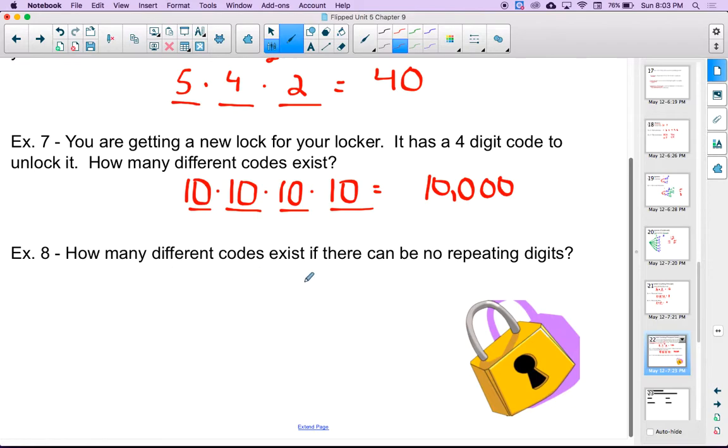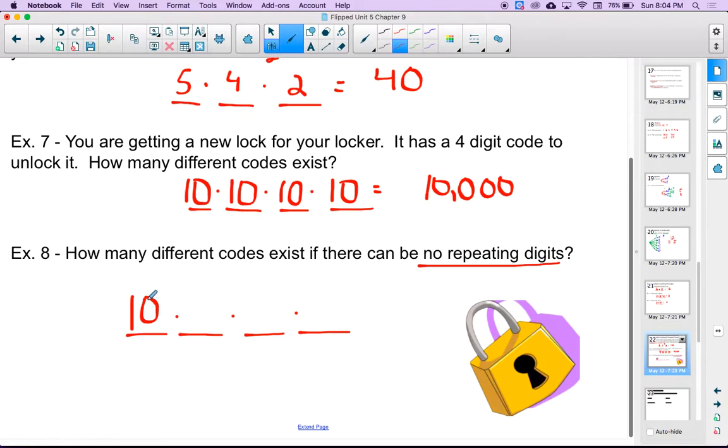Same problem for number 8, but this time we're saying that there can be no repeating digits. So there are still 10 digits in the code, but this time we cannot repeat any. So we can have all 0 through 9. That's 10 digits for the first number.